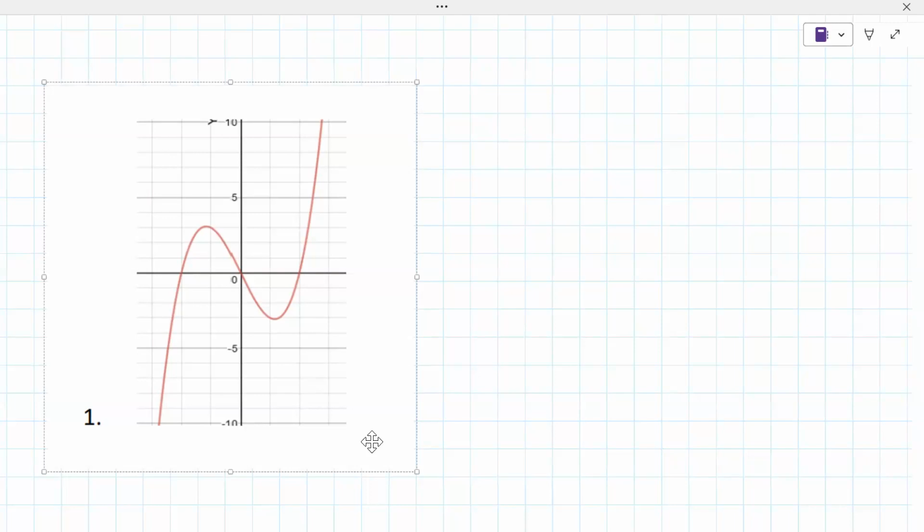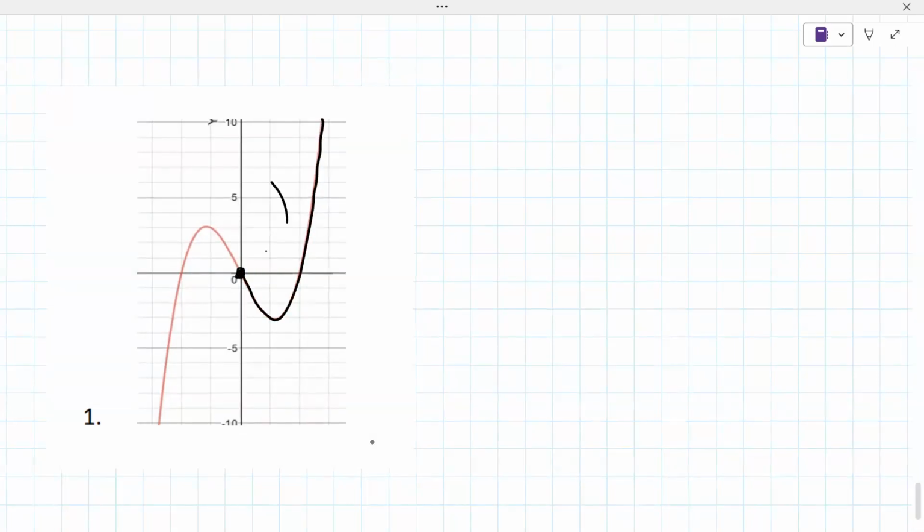Okay, for that right there, I think that is going to be odd because it's going through the origin. You can see right there. Okay, so this definitely goes through the origin. So the question is, this red part, is it rotated 180 degrees? For this now black part, is it rotated 180 degrees? Yeah, I would agree. All right, let's try another one.